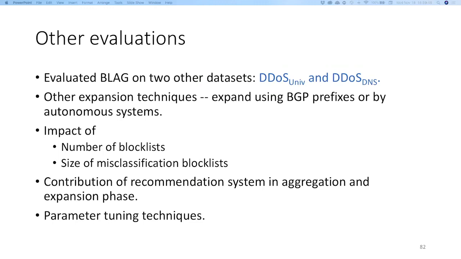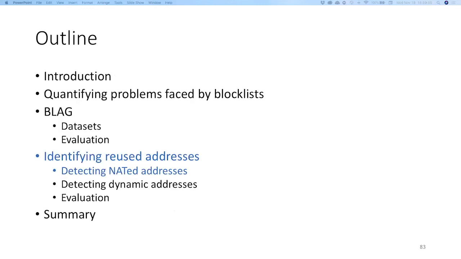And we also look into a bunch of sensitivity analysis where we try to change the number of block lists which are given to BLAG. And we also play around with the size of the misclassification block list to see whether the performance gets affected or not. Okay, so this brings the end of the first part of my talk, where I spoke about BLAG.